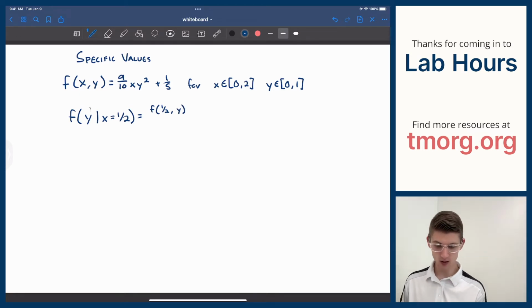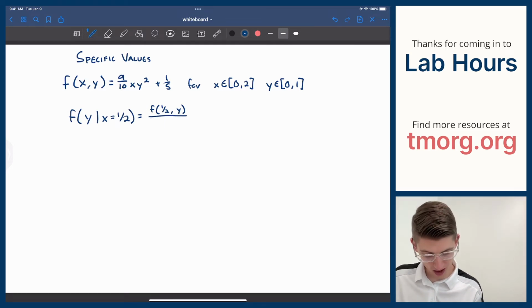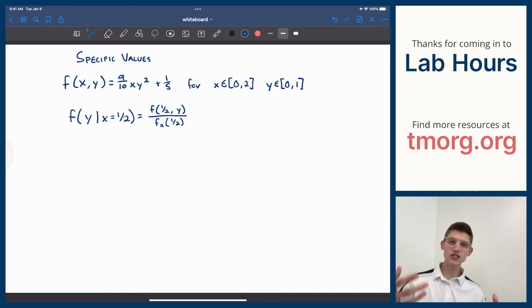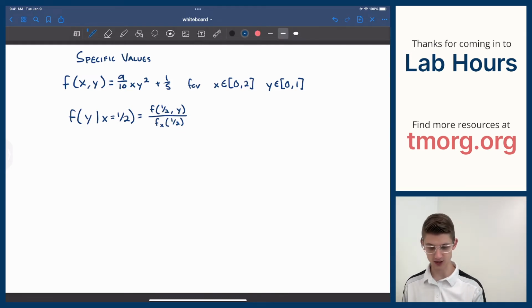That's where we get y and 1/2 at the same time. But then we also need to find the marginal density of x and plug in 1/2. We need to know what the world looks like where x is equal to 1/2. This is just like probability of b from the conditional one that we've talked about, probability of x.